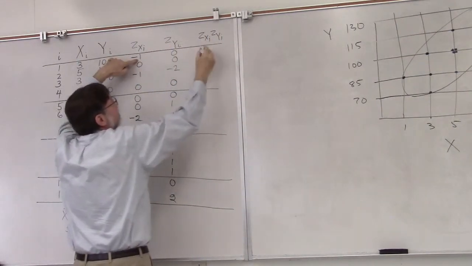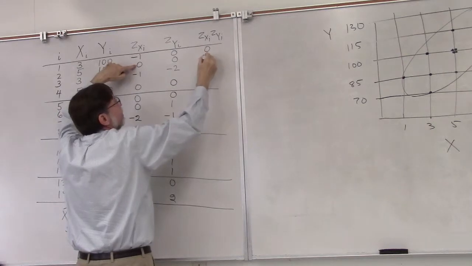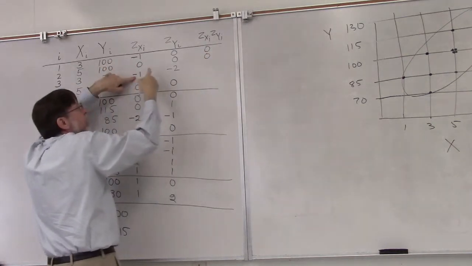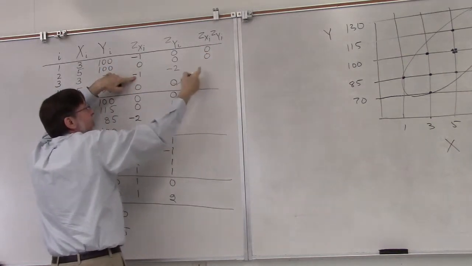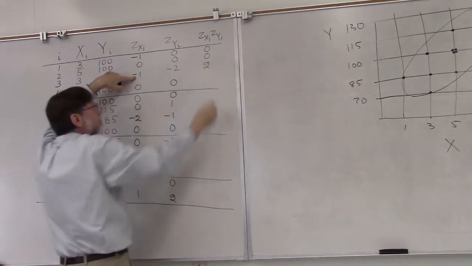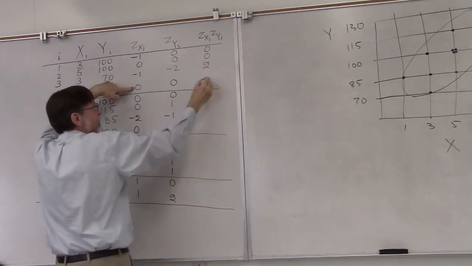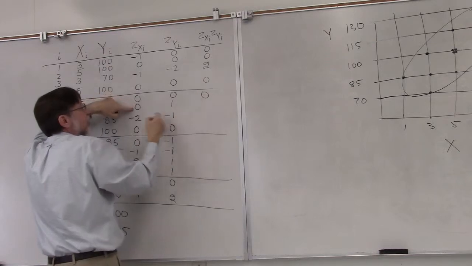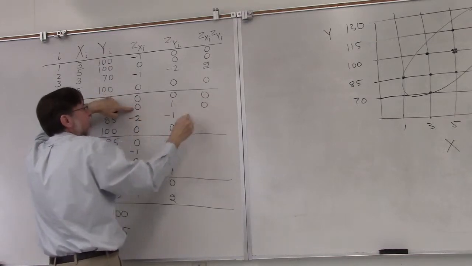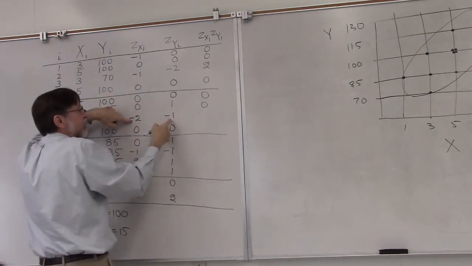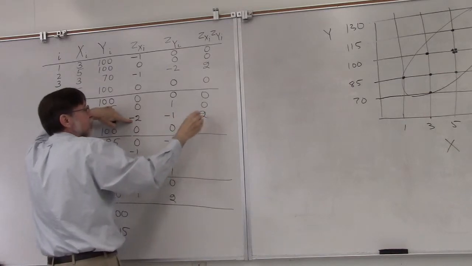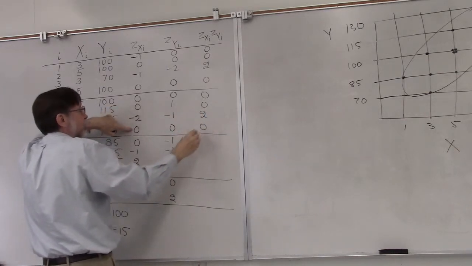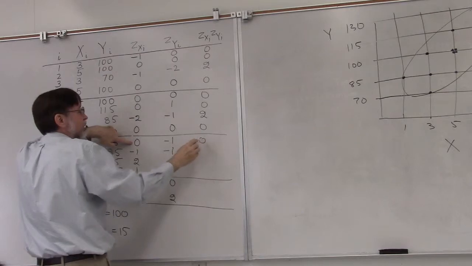Minus 1 times 0, that's 0. 0 times 0 is 0. Minus 1 times minus 2 is positive 2. 0 times 0 is 0. 0 times 1 is 0. Minus 2 times minus 1 is positive 2. 0 times 0 is 0. 0 times negative 1 is 0.